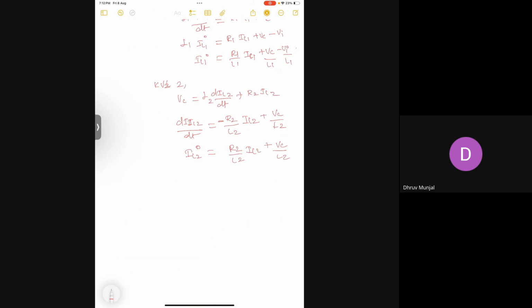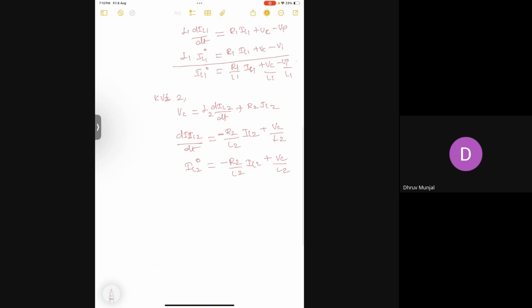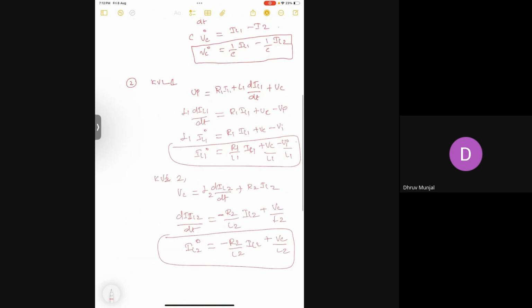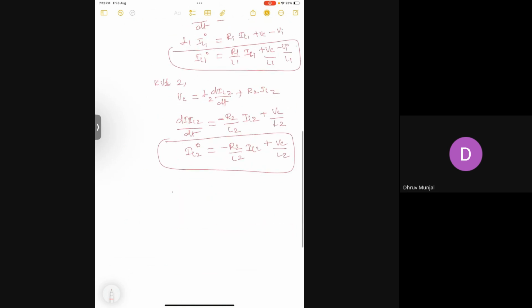Okay, right. Now I have three equations. This one, and already I have Vc dot. Now I'm going to write it together.